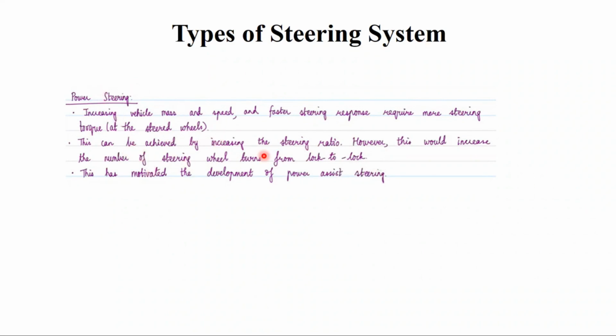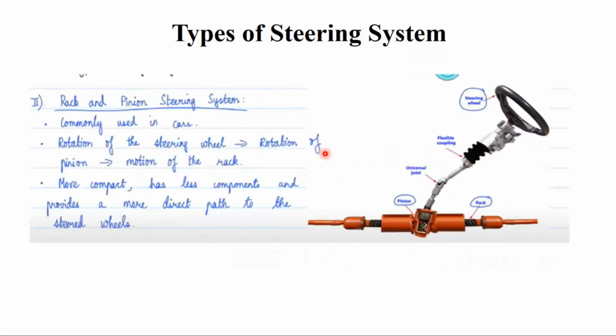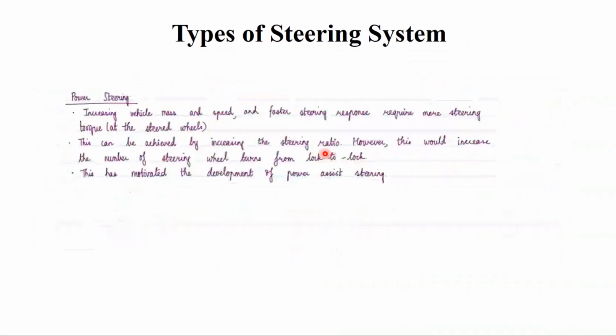And this can be achieved by increasing the steering ratio. You've seen the steering ratio, right? By increasing the steering ratio, we are going for a faster response to have more steering torque at the steering wheel.